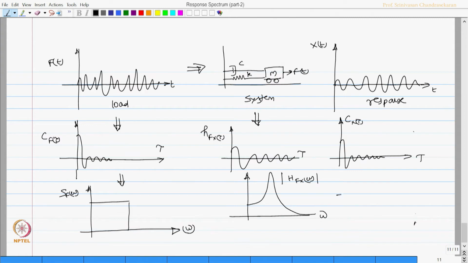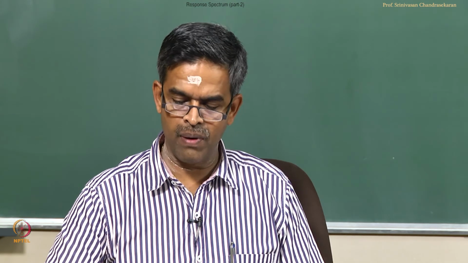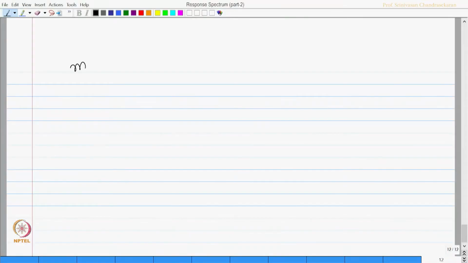This will now lead to the response of the system in spectral ordinate, which is Sx omega, which we call the response spectrum. So, this becomes my load spectrum, this becomes my response spectrum and this becomes my transfer function, which gives only the information about the amplitude and not about the phase shift between the response obtained and the force applied on the given system. In addition, mean value and variance are also important.